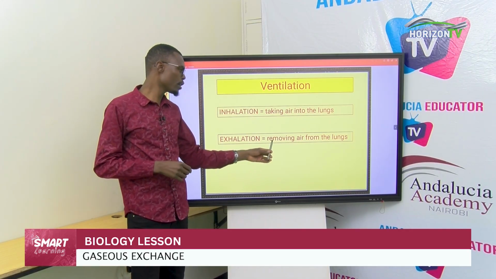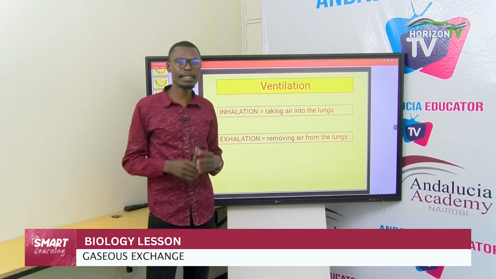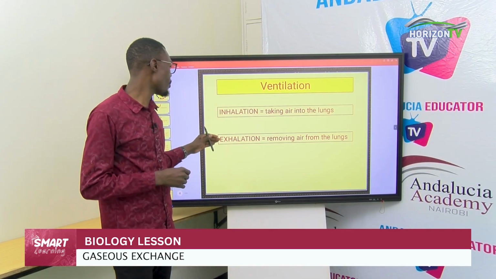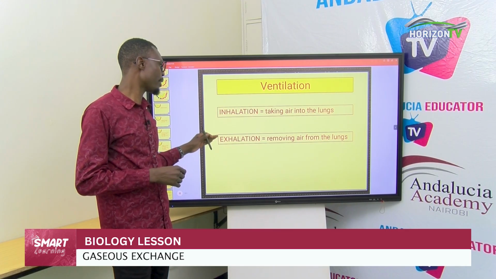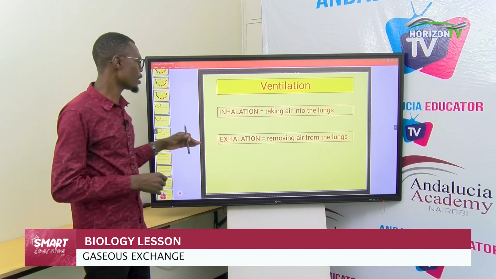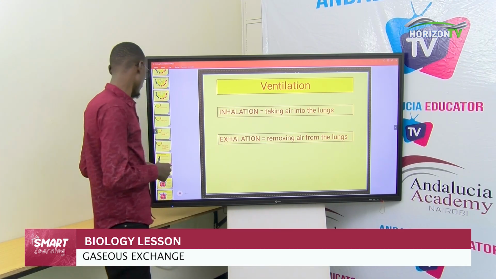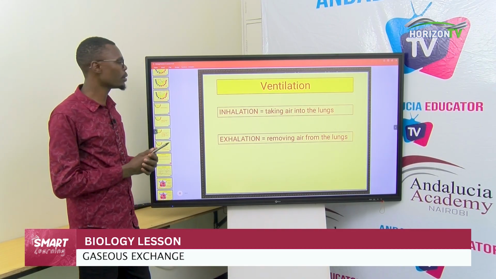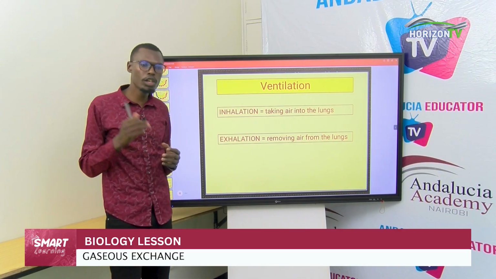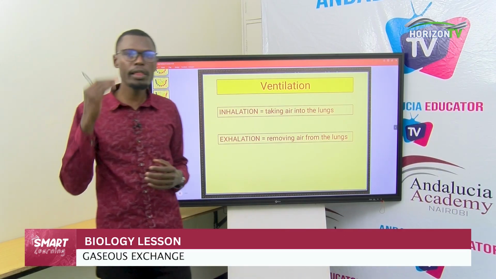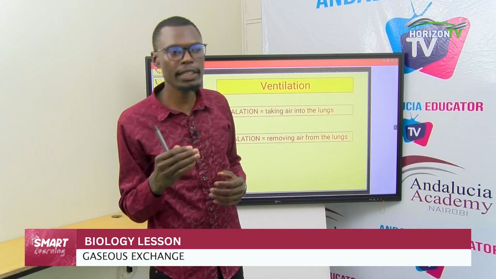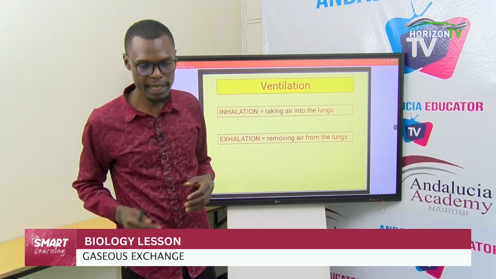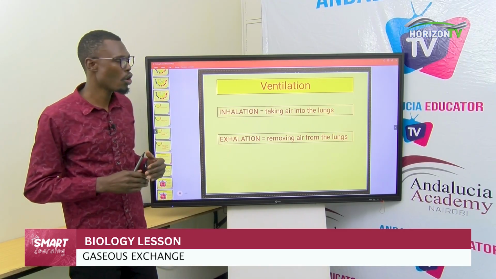The gas which is removed from the lungs is carbon dioxide. The body produces carbon dioxide, then that carbon dioxide is released from the lungs. We'll check the percentage, because sometimes not all the oxygen which gets into the lung will be taken by the body cells.